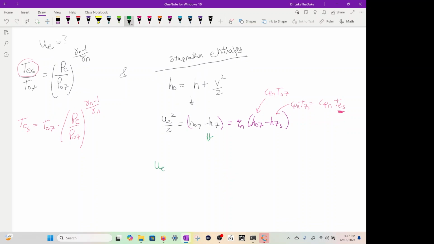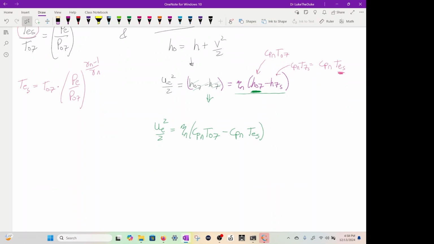So UE squared over 2 equals, and we're only going to look at this term. Don't worry about that. Okay? That is going to be eta n times CPN T naught 7, which is this term. Okay? Then we're going to subtract CPN, and then it's TES, right? And I'll close it.